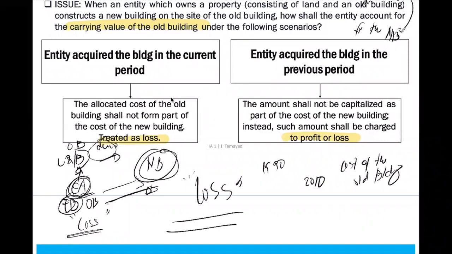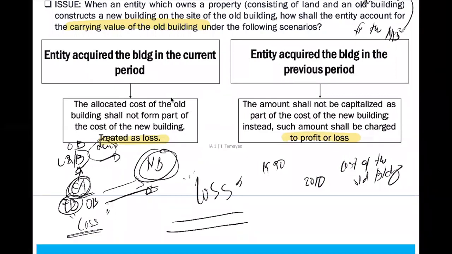Ayan ha. Wala tayong problema dyan ha. Whether or not you purchase it in the current period or you purchase it in the previous period, since the economic benefit will not transfer to the new building, you treat the carrying amount of that old building as a loss. You will not include it as part of your cost of the new building.